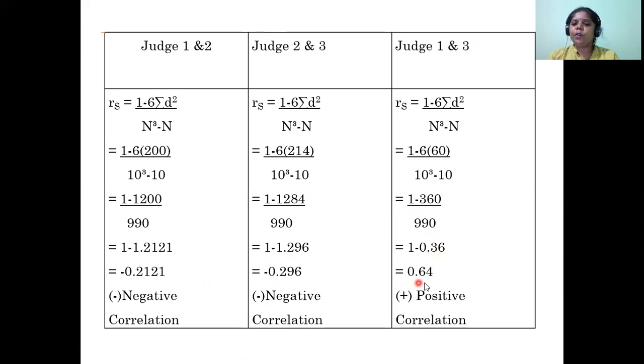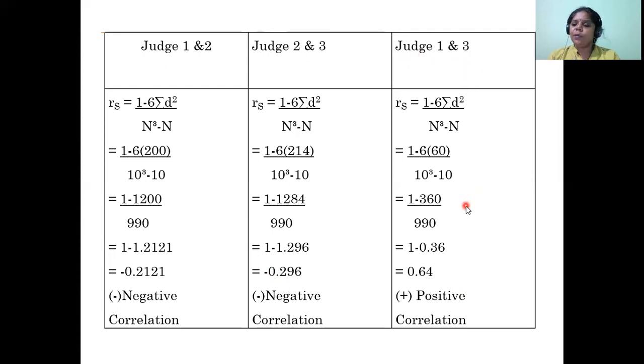That is equal to 0.64. Here we are getting positive correlation. It is nothing but judge 1 and 3 has a positive relationship, positive correlation we get in the pair of judge 1 and 3. Okay, students.